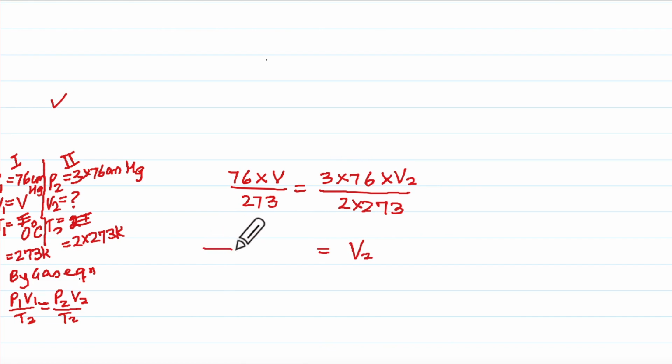Don't sit and multiply, okay? Don't use big numbers. 76 got cancelled, 273 got cancelled. What did you get?